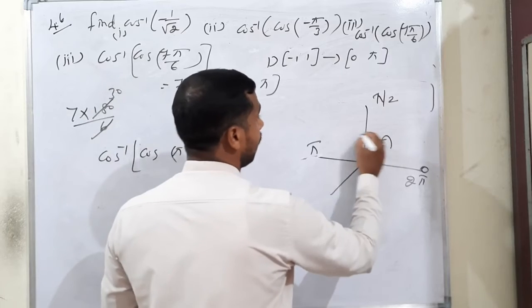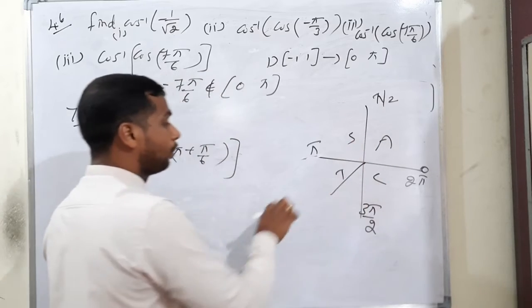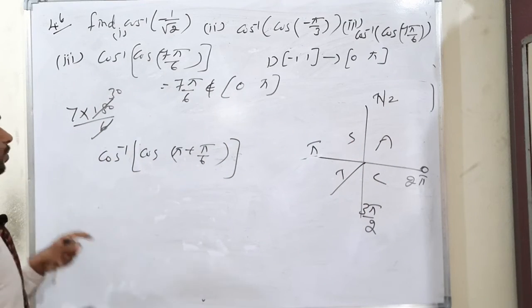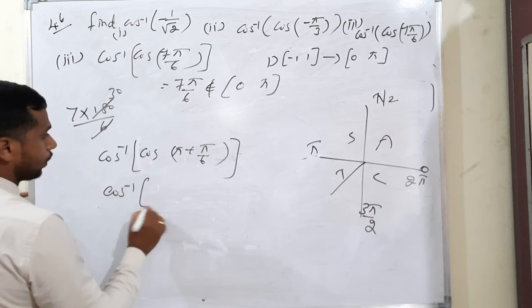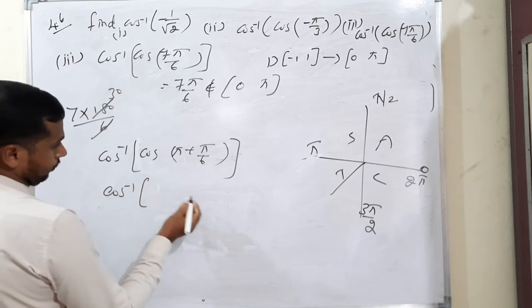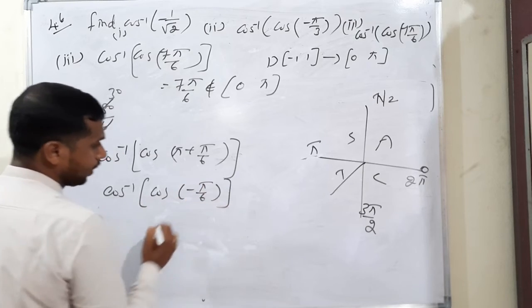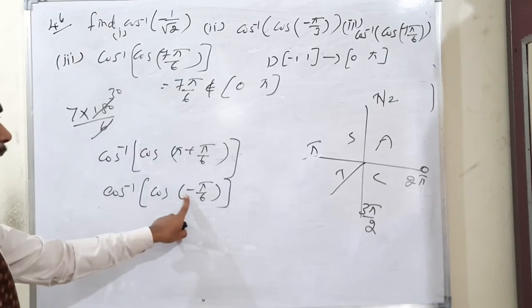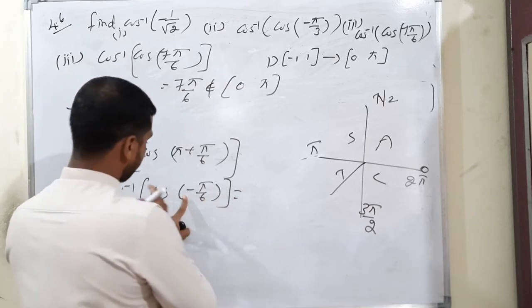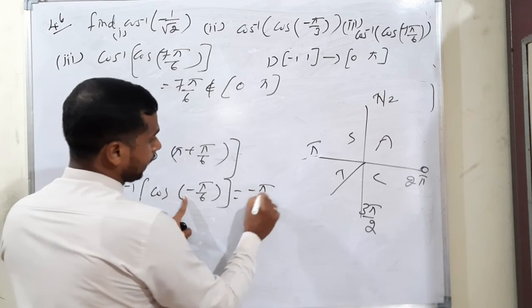In the third quadrant, by all silver tea cups, only tan is positive, but here cos is there. So therefore cos inverse of cos of minus pi by 6.